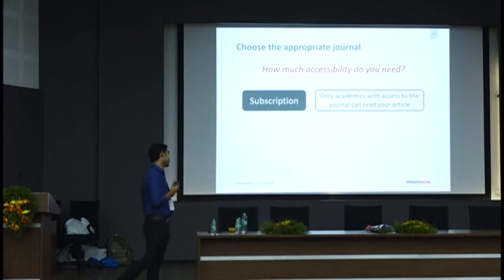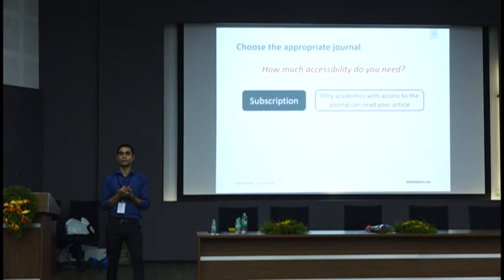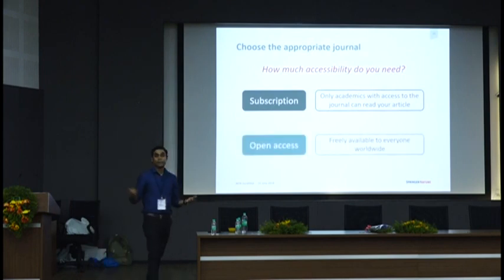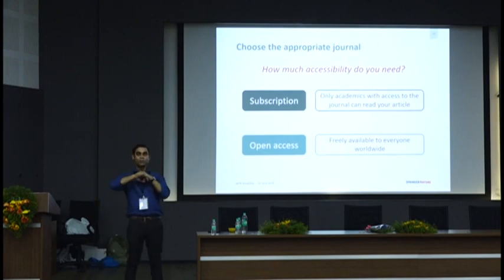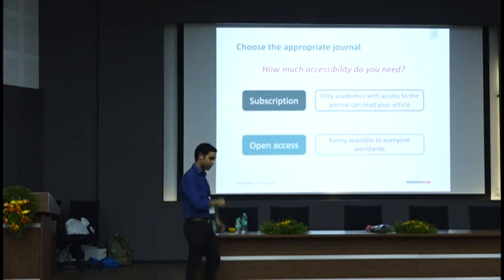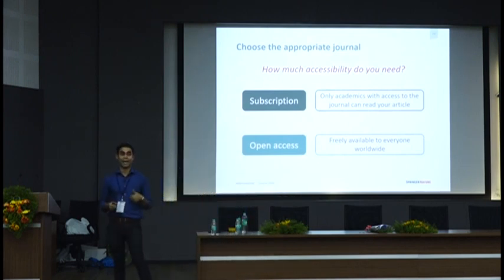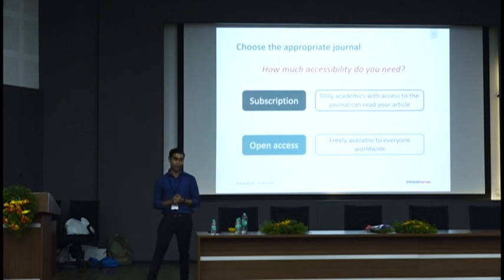In that case, the accessibility is restricted to academicians who have access to these journals, which is fine. But if you feel that your article should be accessible to the entire scientific community all across the world, irrespective of whether they have access to those journals or not, then you should choose open access.